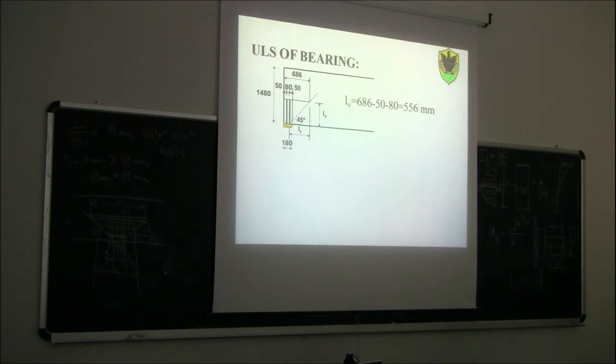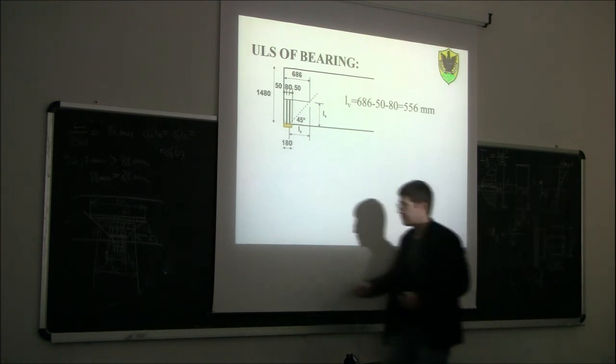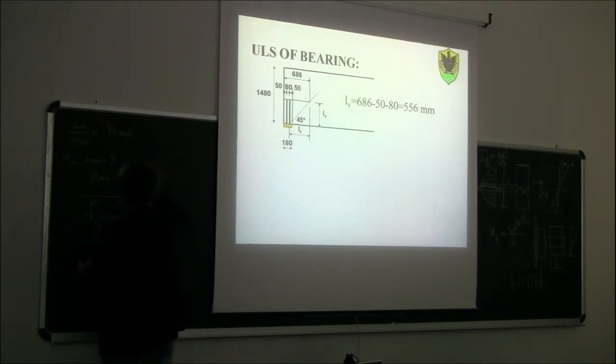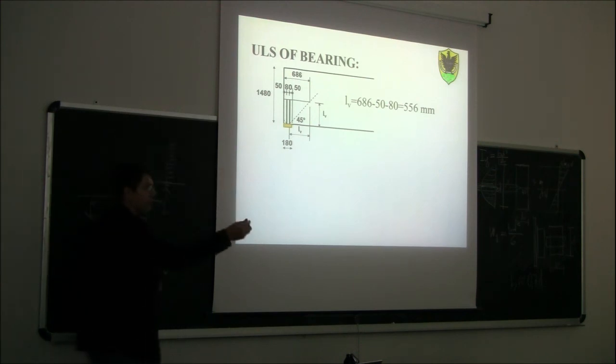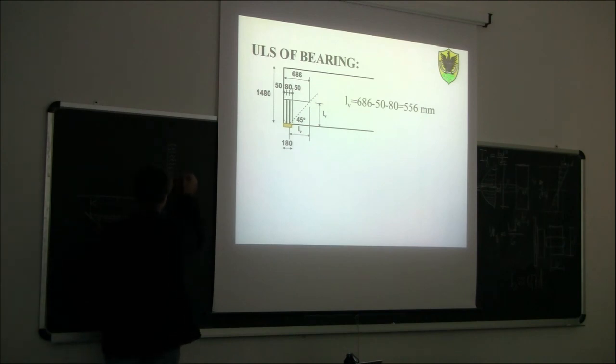So it's like having a system like this. This is the screw, this is the node, and here you have a layer of Winkler springs, like you studied for ground, but these springs are related to E90, because this is perpendicular to the grain.